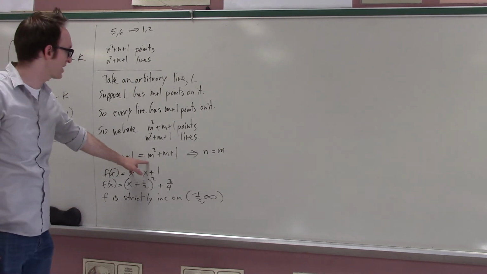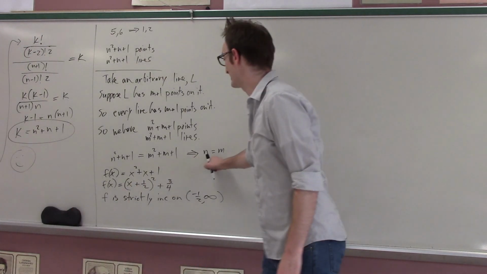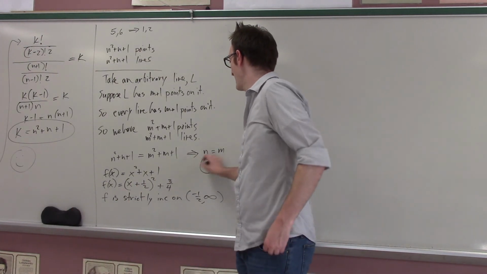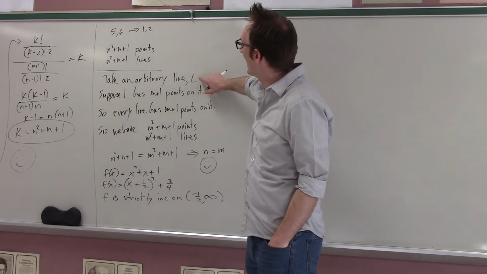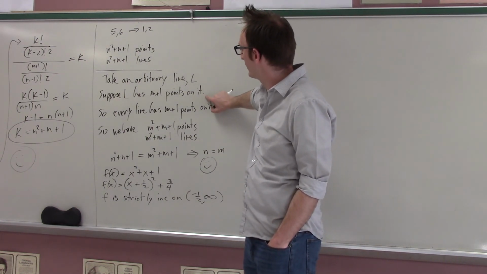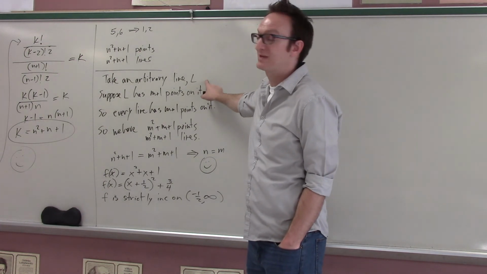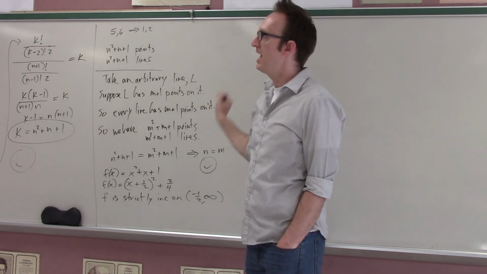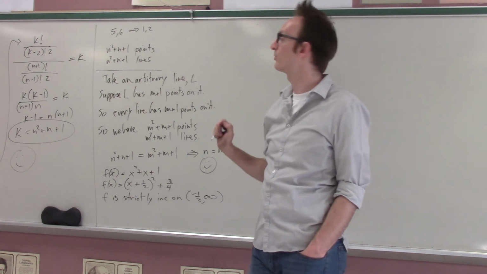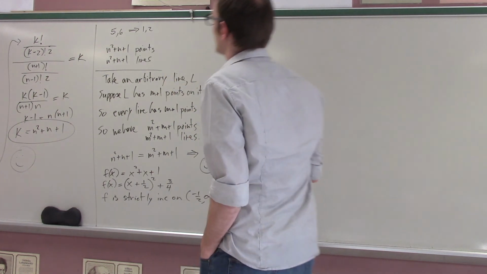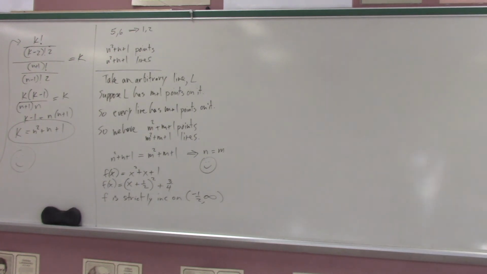And so if these two quadratics are equal, then it must be the case that n equals m. And if n equals m, then I started with this line L, which had m plus 1 points on it. So in fact, this line L must have had n plus 1 points on it. And so I've shown that there exists a line that contains exactly n plus 1 points. All right, so 5 and 6 also imply 1 and 2, and now the proof is complete.